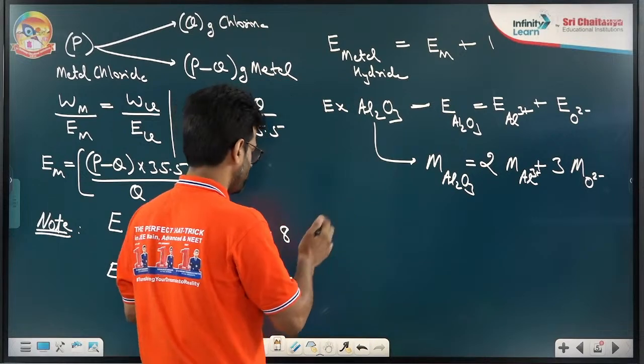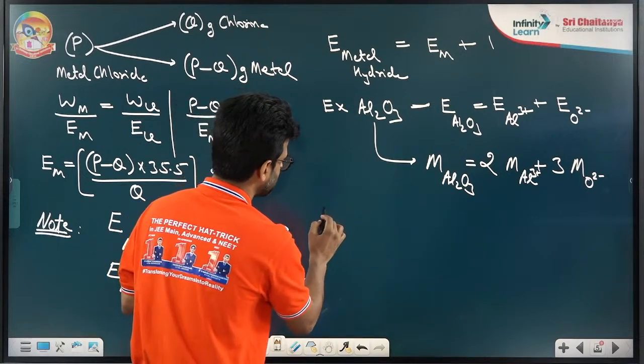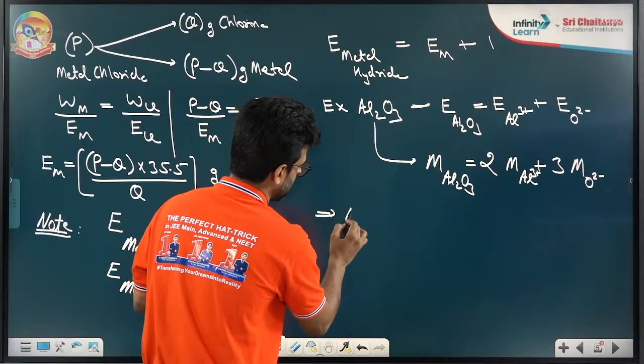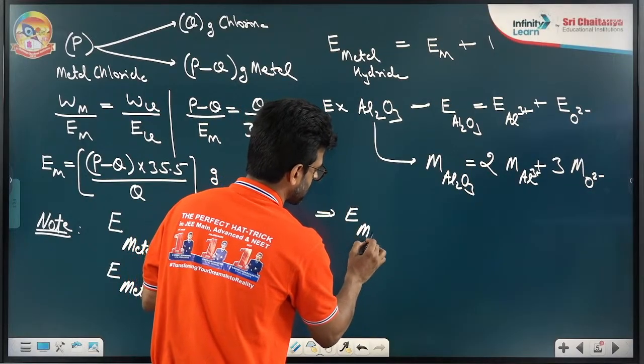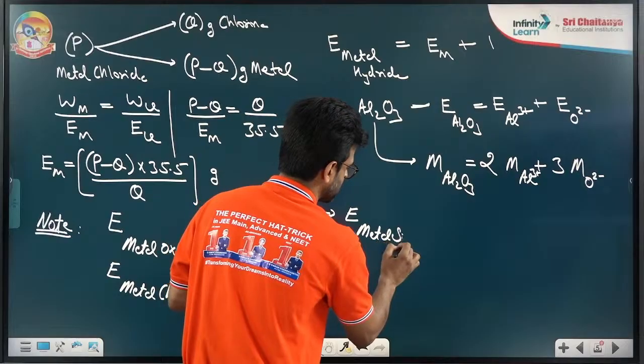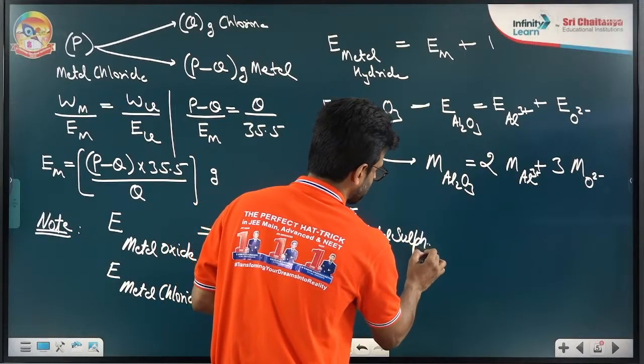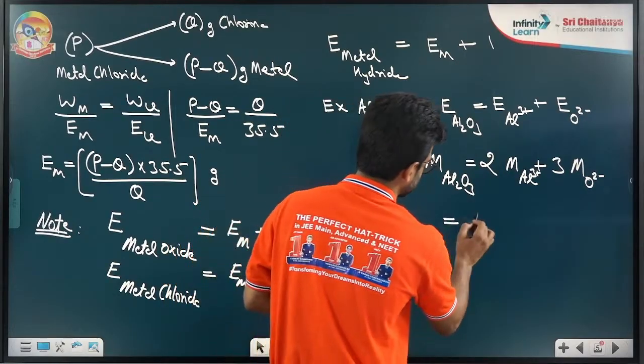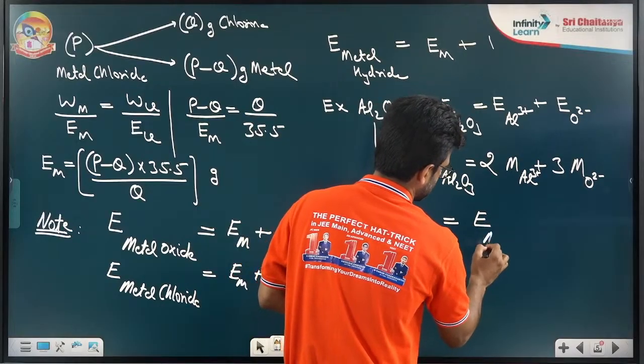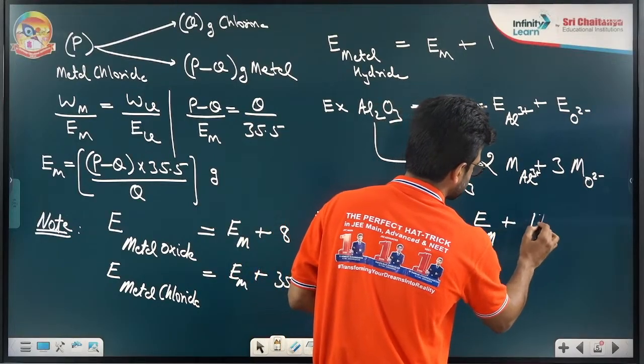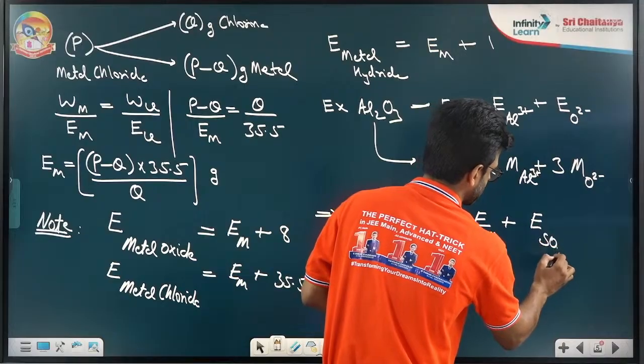Clear? Okay, fine. Now imagine I am writing one more thing. Imagine here I want to find the equivalent weight of metal sulfate. Even if I don't know the exact formula, I can say it is the equivalent weight of metal plus the equivalent weight of sulfate.